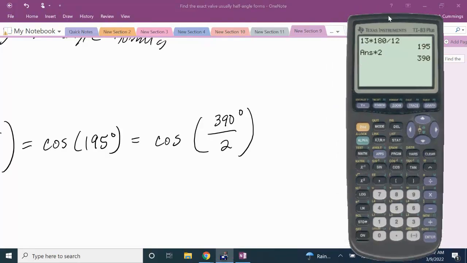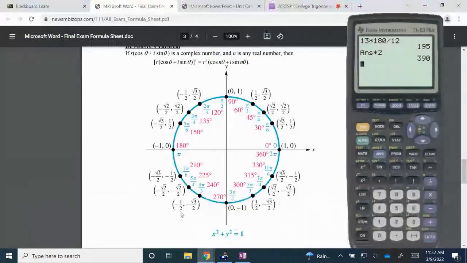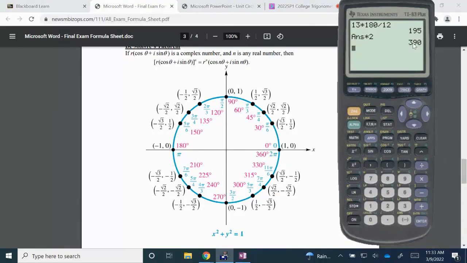You also notice that 390 degrees is not actually in the unit circle. However, I could find its coterminal sister that would put it in the unit circle. What I mean by that is if I have 390 degrees, I'm going to subtract 360.